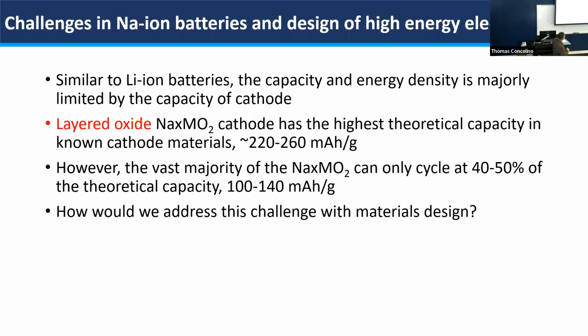People mostly use layered oxide as cathode. They have very high theoretical capacity, but practically people can only take 40 to 50% of the theoretical as the practical capacity. So there is a gap. Our aim is to understand this gap: why do we have this gap, and how to mitigate it?